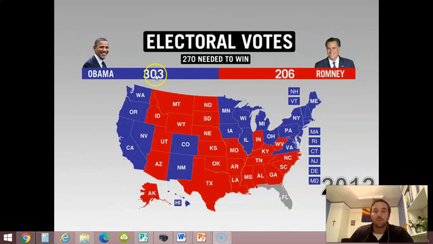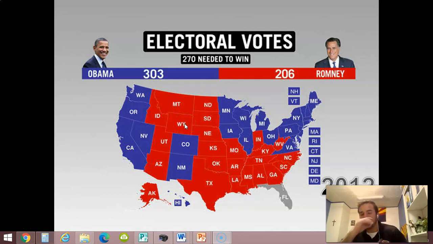Pennsylvania went for President Obama, and if you just take a quick glance at this, you say, whoa, I see more red than blue. Well, you got to remember, a lot of these big red states in 2012 don't have a lot of the Electoral College votes. Montana, North Dakota, South Dakota, Wyoming, they only have 3.